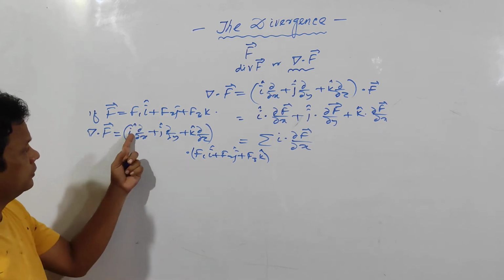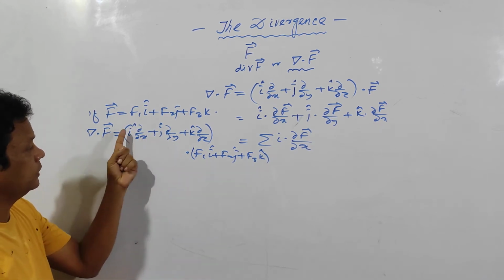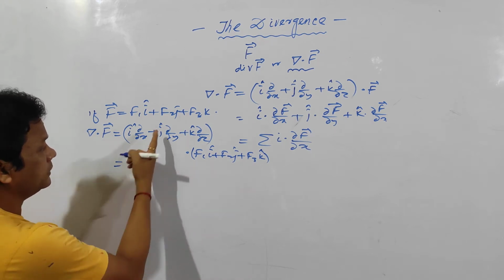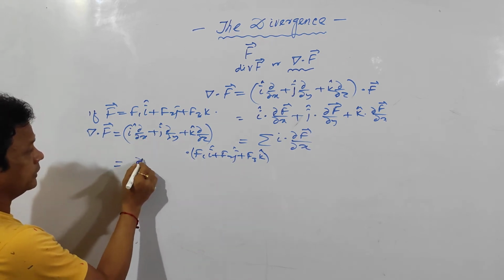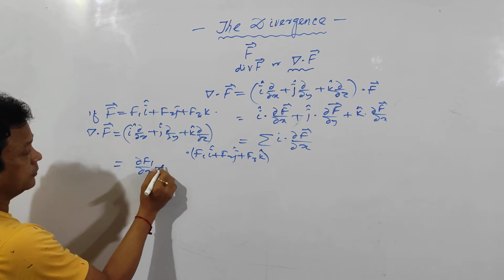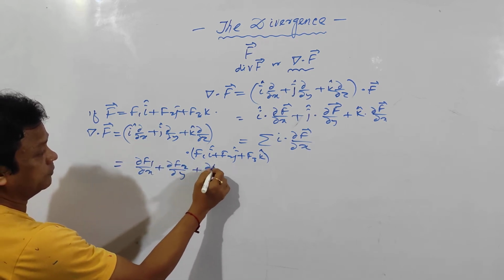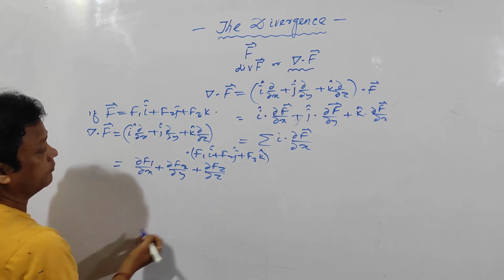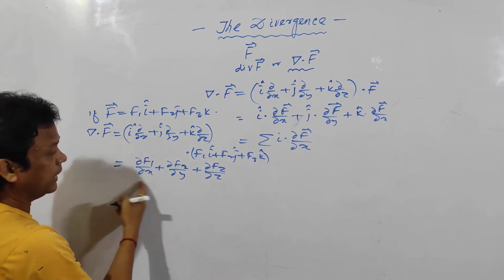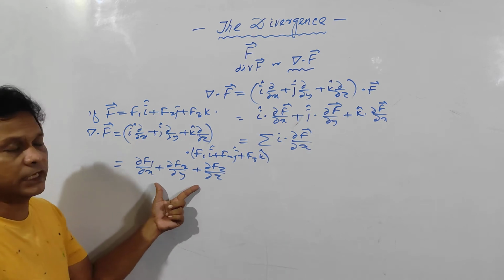By dot product you should operate i with i, j with j, k with k, and this will become del f1 by del x plus del f2 by del y, similarly del f3 by del z, and there is no i cap, j cap, k cap. That means it is a scalar quantity.